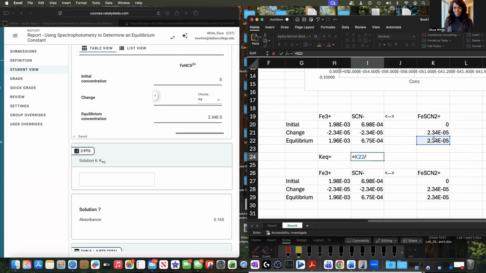Divide by, open parentheses, this one here, times this one here. Let's see if that works, y'all. Please work. What in the? Oh, okay. So 178 times 10. Is this really possible?